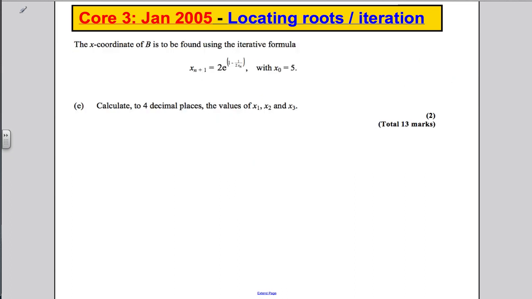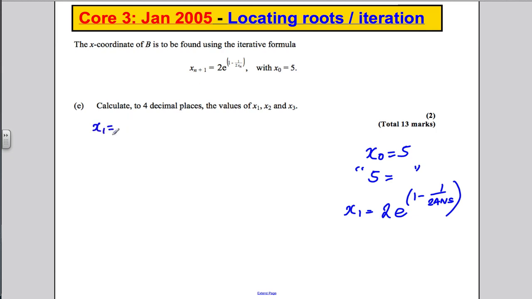And last part, calculate to 4 decimal places the value of x1, x2 and x3. It tells you x0 is 5, so you type in your calculator 5 equals, and then to get all the different values, say for example x1, you type in 2e to the 1 minus 1 over 2 ans, and it will get you all your values. So x1 therefore is, how do you get it?